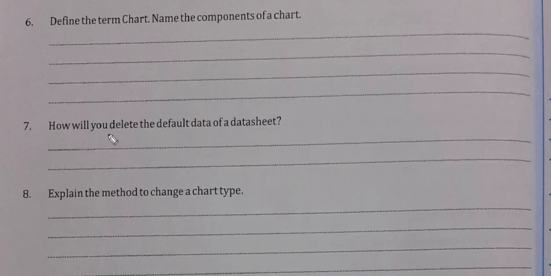Now next, how will you delete the default data of a data sheet? Select the data to be deleted first, then what? You can select it and click on the delete button, right?